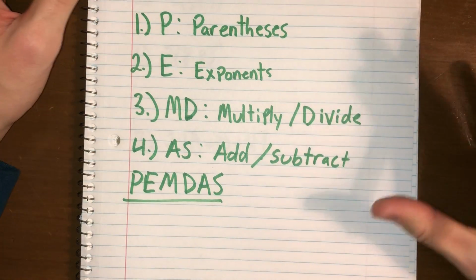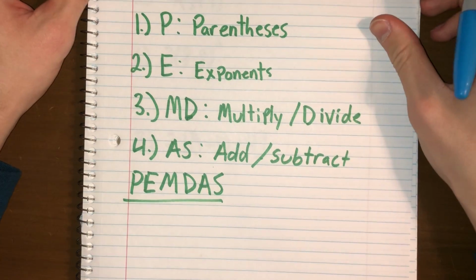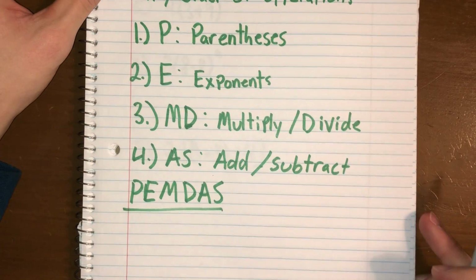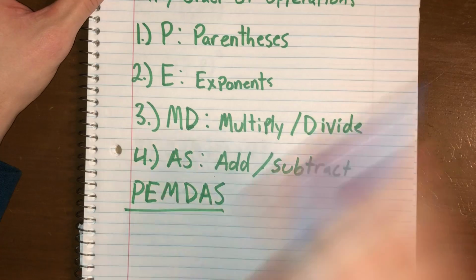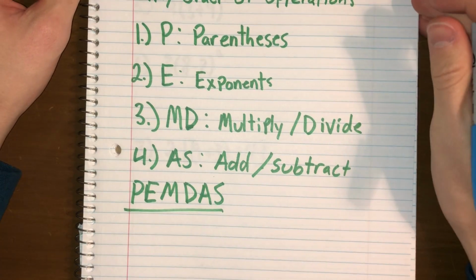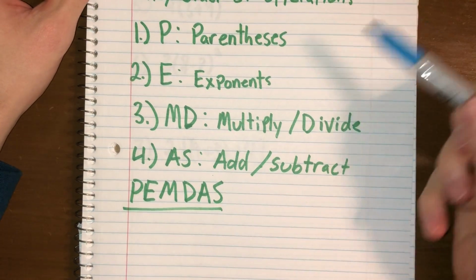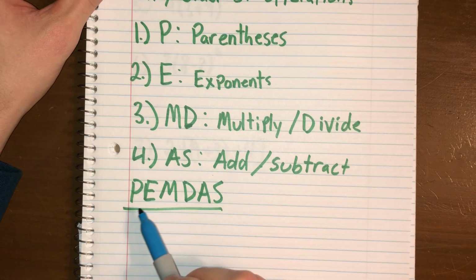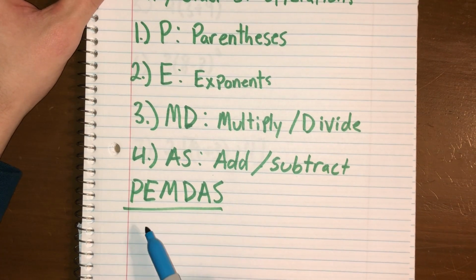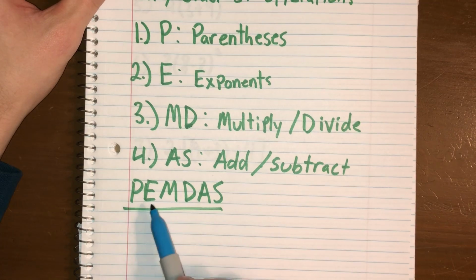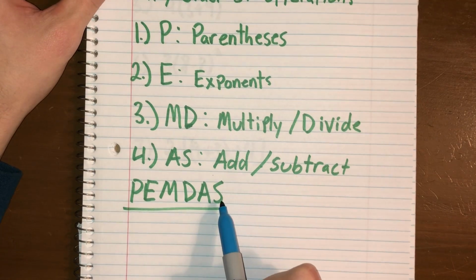It's for standardizing the whole math system across the world so everybody knows exactly where to begin when dealing with any math problem. So easiest way to remember it is just the classic PEMDAS, or some people like to say, please excuse my dear Aunt Sally.